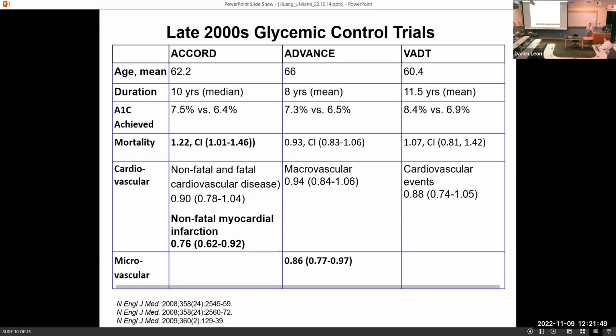And again, remember UKPDS and these trials were all using the medications available at the time, not the medications we have now.